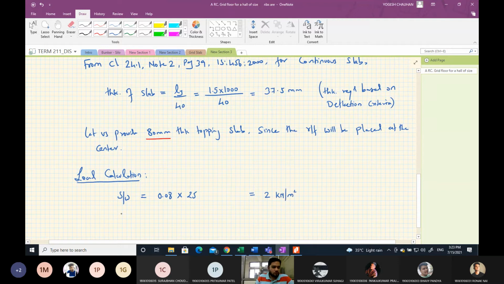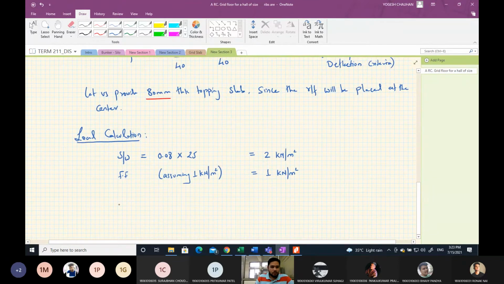Then we have the floor finish, which is assumed as 1 kN per square meter. Next, the live load, which is given to us, which is 2 kN per square meter.